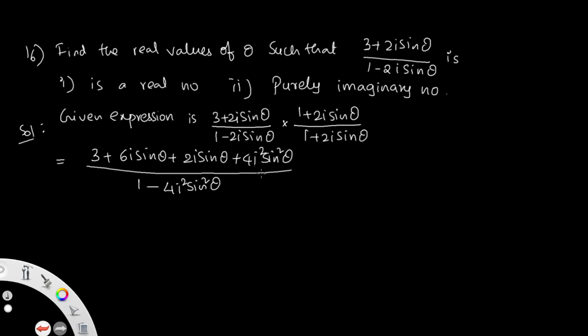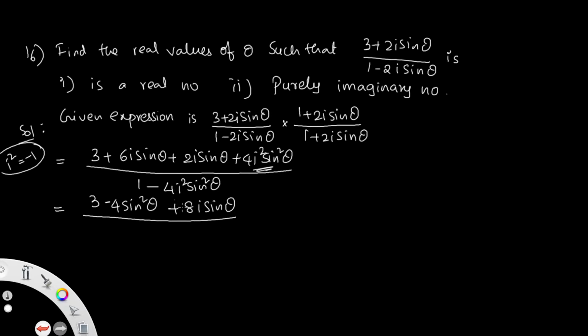Since i square is equal to minus 1, the 3 is the real part, and here minus 4 into minus 1 gives minus 4 sin square theta, next plus 8i sin theta, divided by 1 plus 4 sin square theta. Now we separate real part to real part and imaginary part to imaginary part.